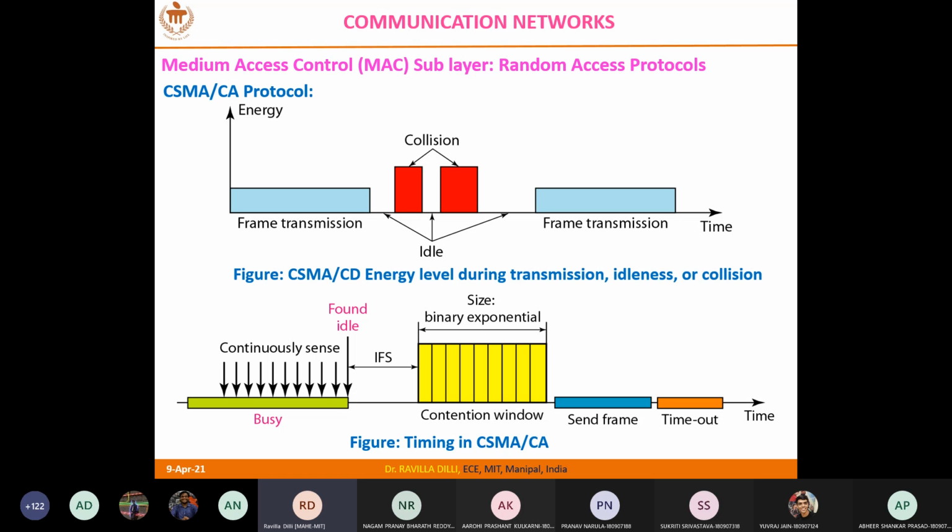That waiting time is defined in terms of slots. You can see those yellow slots. So these yellow slots will continuously increase with respect to binary exponential. Okay, so initially I'll wait for 2 power 0 slots. So after 2 power 0, that means one slot, I'll wait, then I'll transmit my frame.